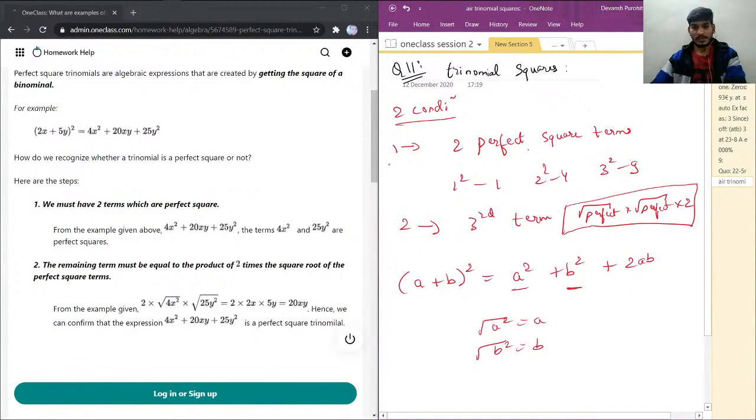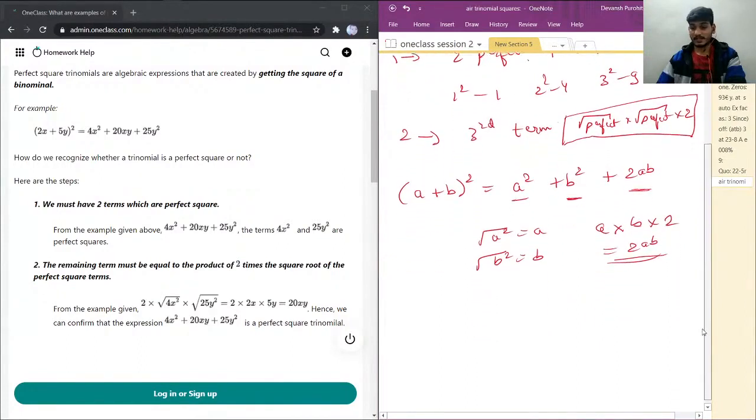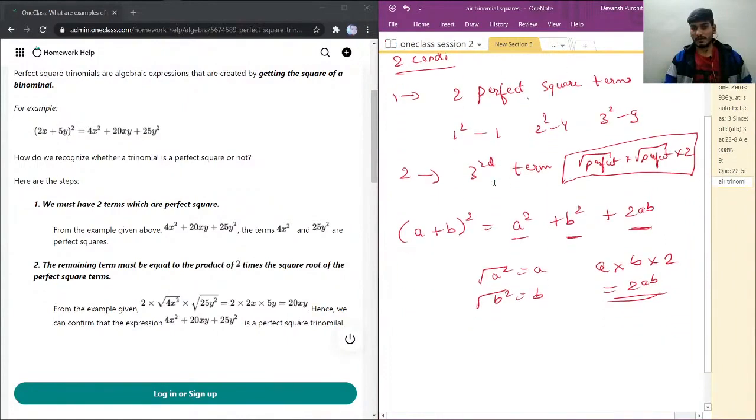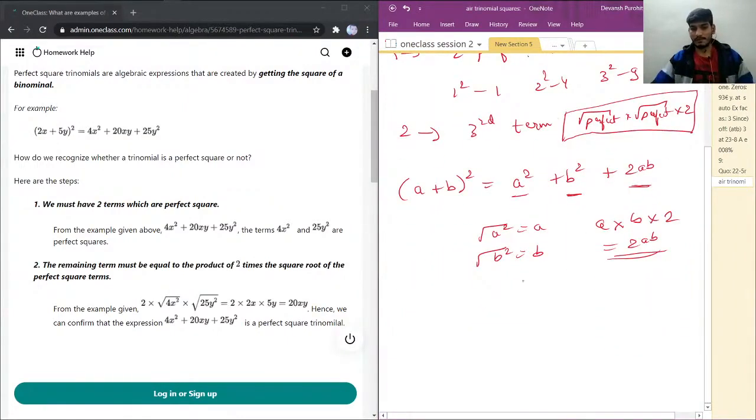So the first condition is completed here, and for the second condition we have the product of square root of a square into square root of b square into 2, this will be 2ab. So we have the term 2ab here. So again the second condition is also met, so we can say that (a + b) whole square is a trinomial square.